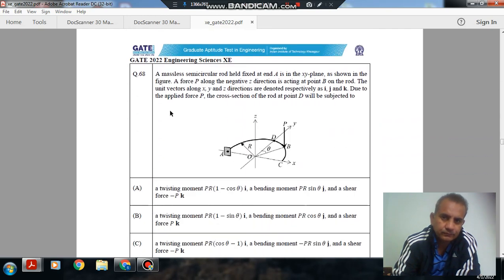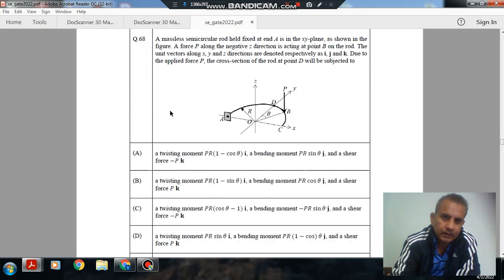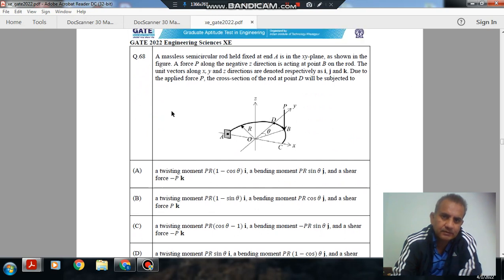Next, a massless semicircular rod held fixed at end A is in the XY plane as shown in the figure. A force P along the negative Z direction is acting at point B on the rod.